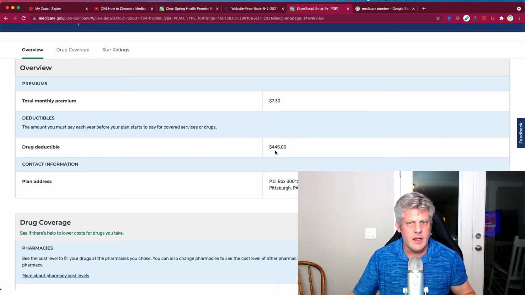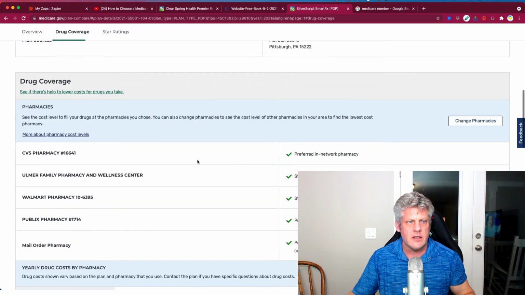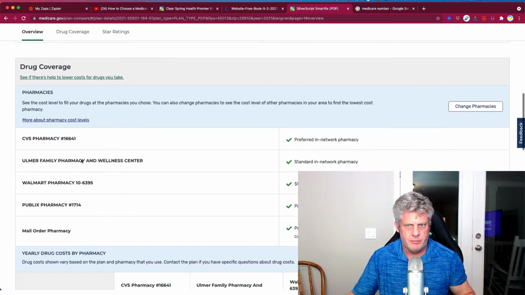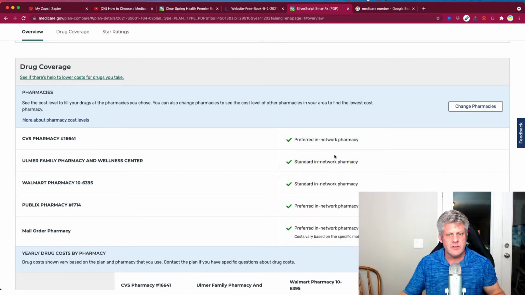All right, and so now let's look at the pharmacies. See where it says CVS Pharmacy? Preferred in network. Guys, you want a preferred in network pharmacy. Now, Ulmer Family Pharmacy and Wellness Center, it's in network, but it's standard. Same with Walmart, standard. Publix is preferred. You want the preferred in network, not the standard in network.